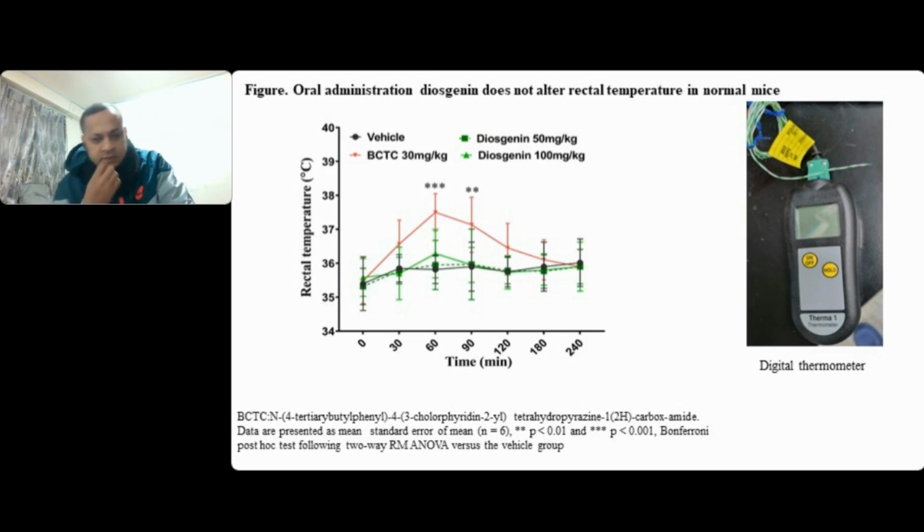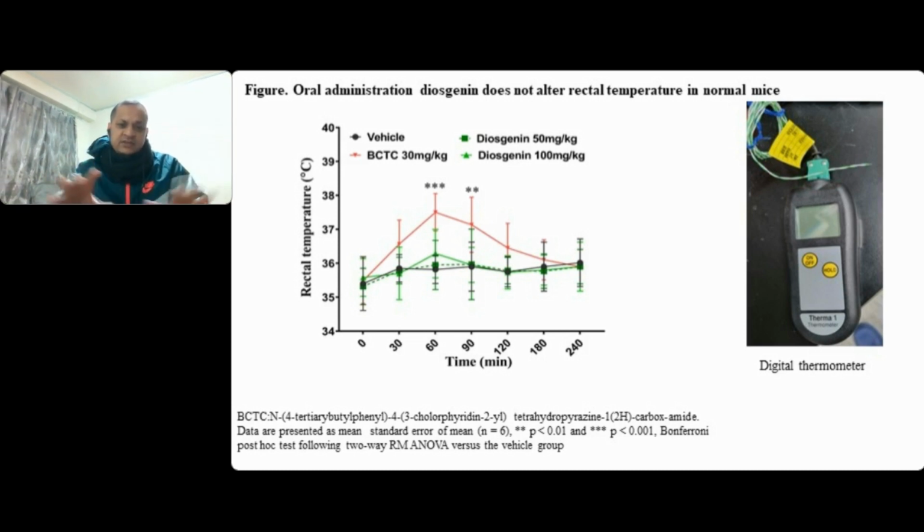So we compared whether Diosgenin affects the temperature or not. It is now proved that Diosgenin works on the TRPV1 ion channel, but we want to see whether it works on body temperature like BCTC or not. Then we evaluated this.